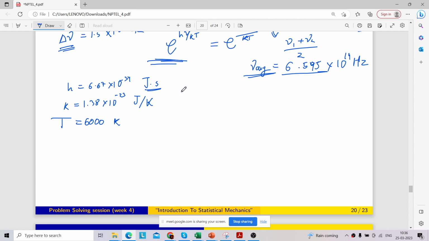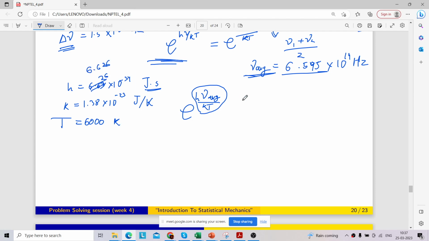So nu average also I have. Can you calculate this, h nu average per kT? Just calculate this part, then we will take it to e power. Planck's constant is 6.626, so let's put it as 6.626.